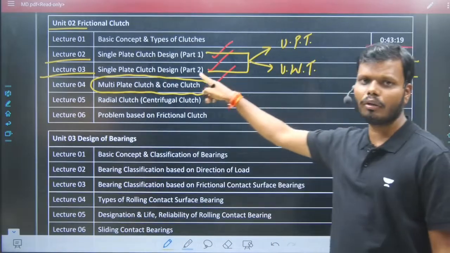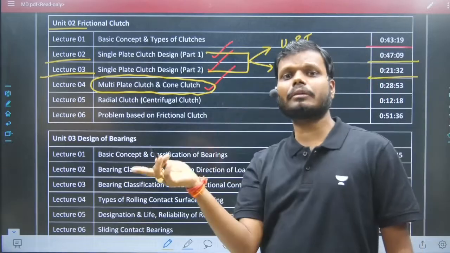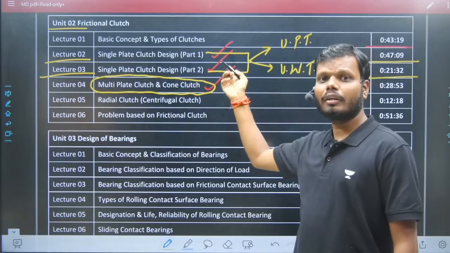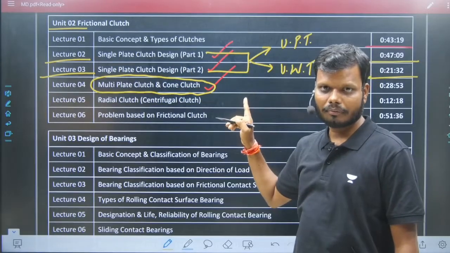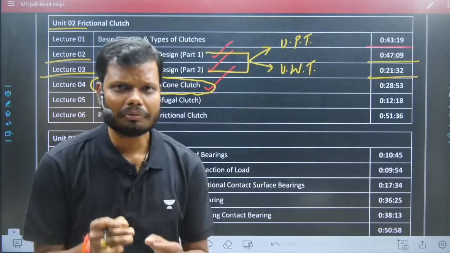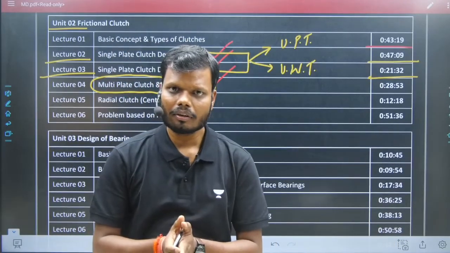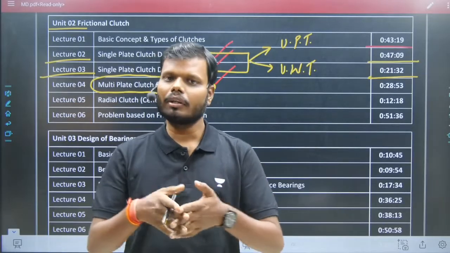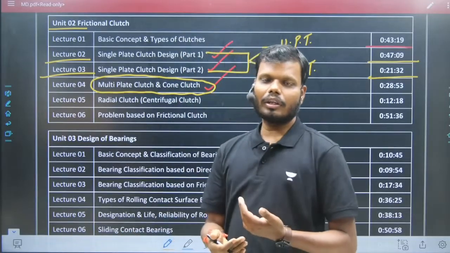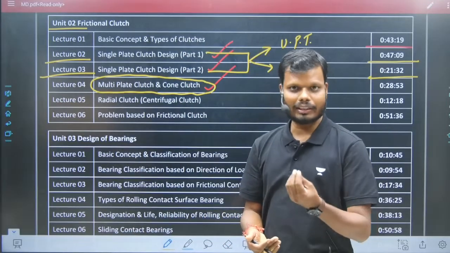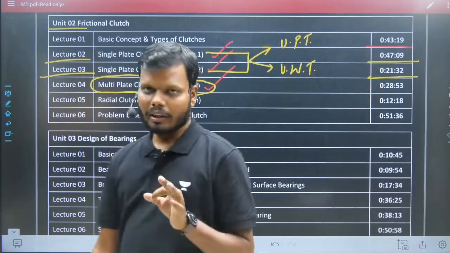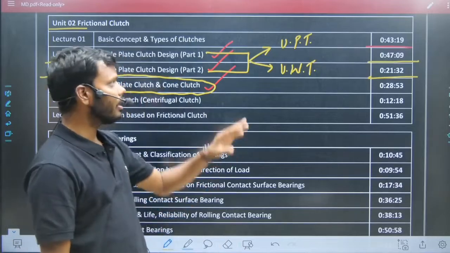After watching these videos, you can solve all the problems related to single plate clutch in UPT or UWT format. Clear that point? This table of contents will be very helpful for GATE aspirants, so that pen drive, G drive and VOD tablet users can also clear their concepts. Very important fundamental concepts can be cleared according to this table of contents.